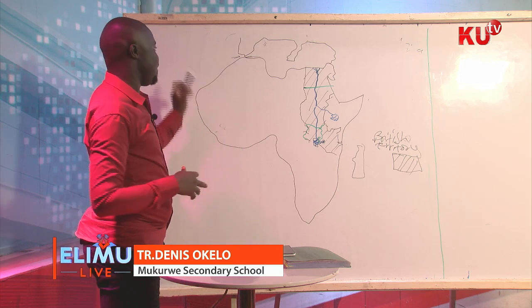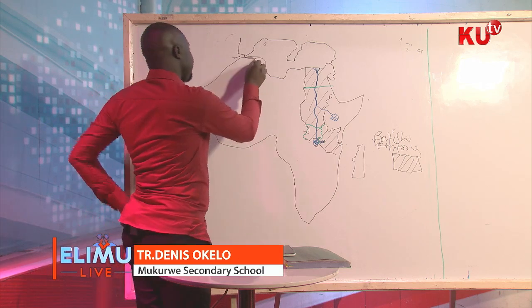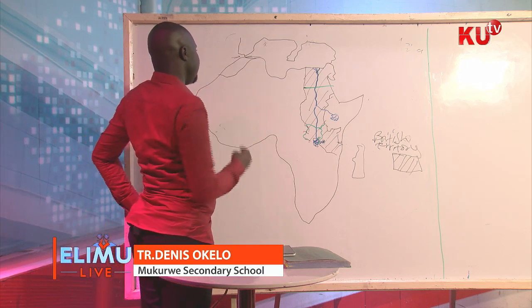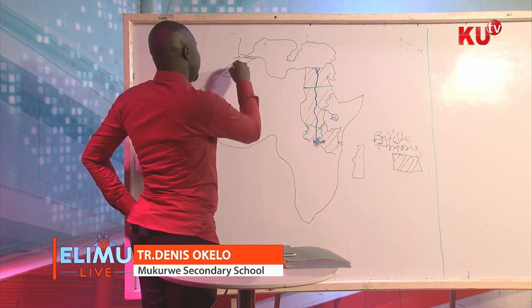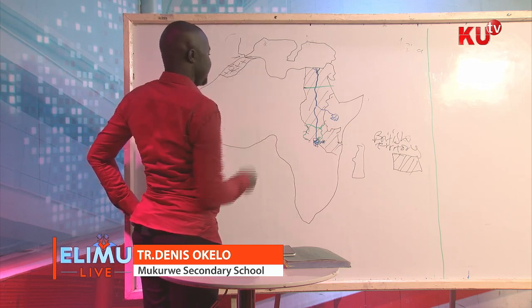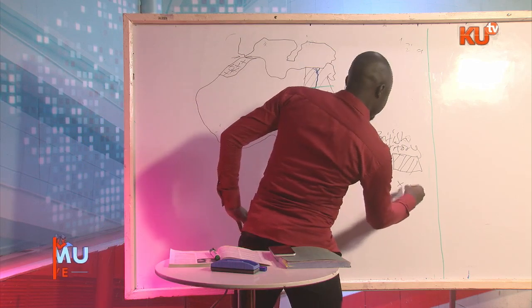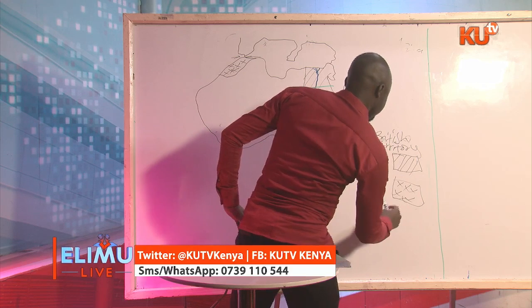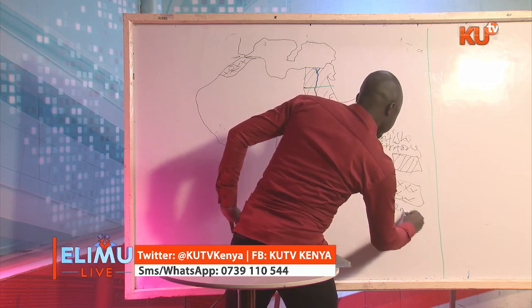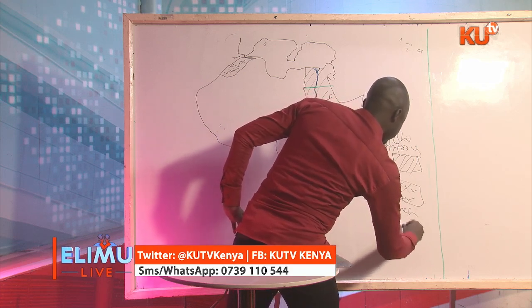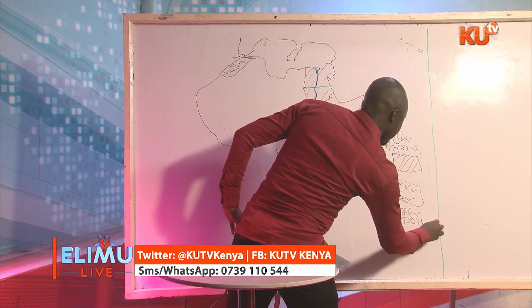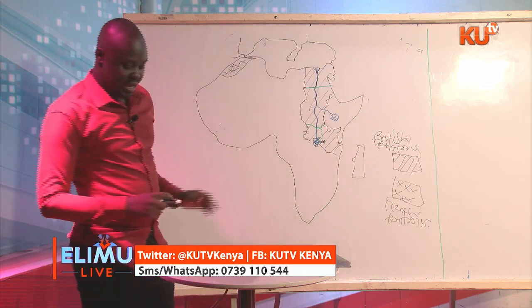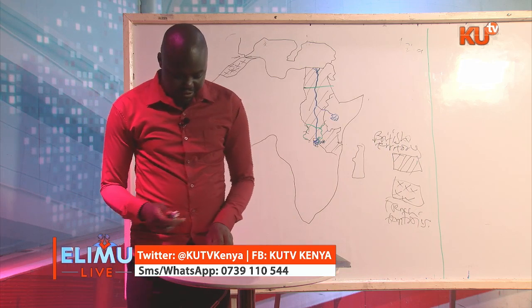So this is why the French were very, very interested in colonizing Morocco. Let me give the French an X. Yes, I put it here in the key. These are the French territories.